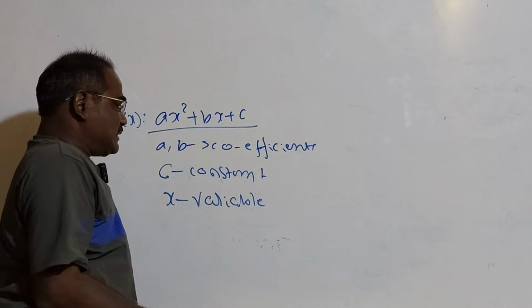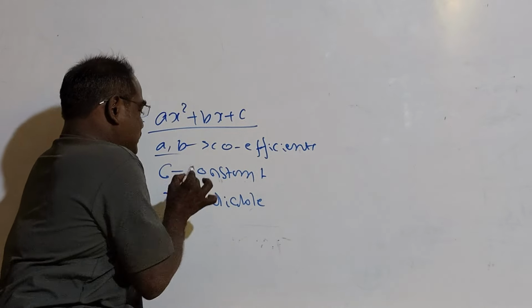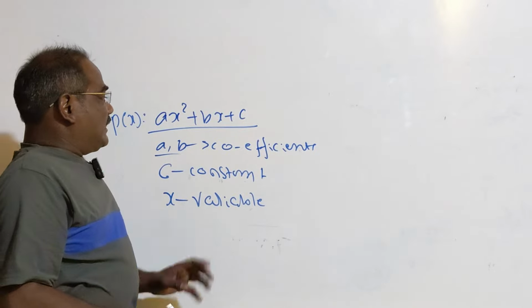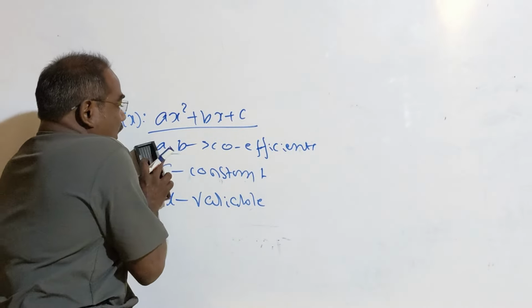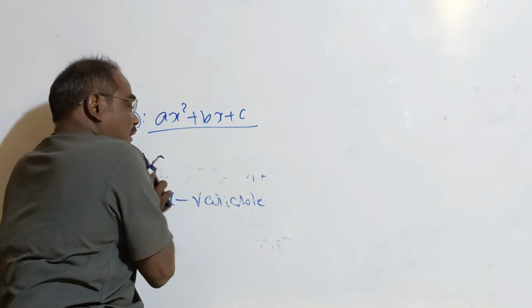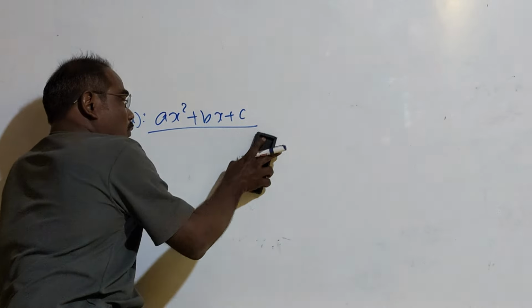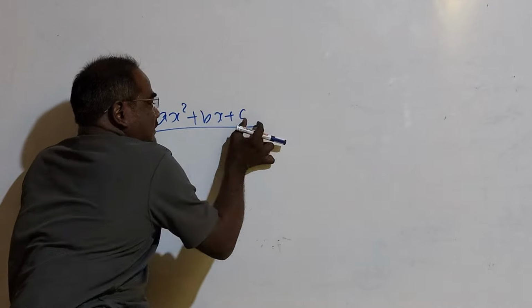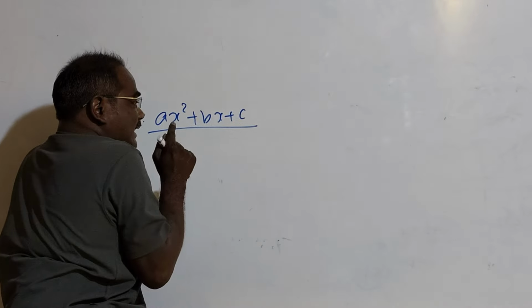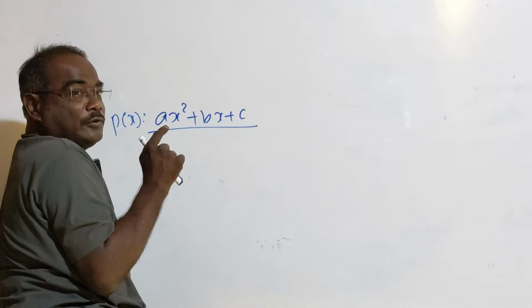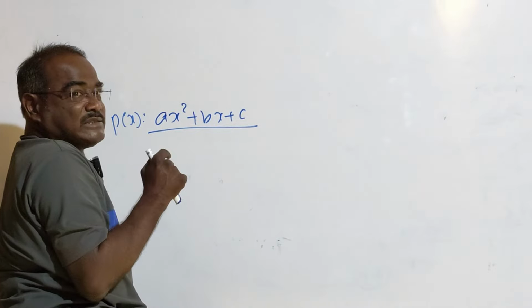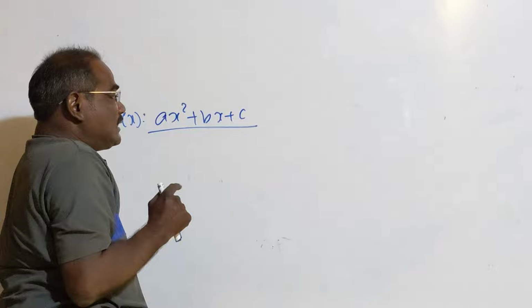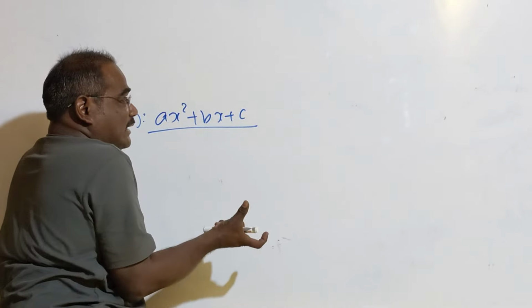In your previous class, you learned what is a constant and what is a variable, so I don't want to go in-depth into it. As I told in the definition, ax square plus bx plus c is composed of constants, coefficients, variables and exponents, connected by an operator.